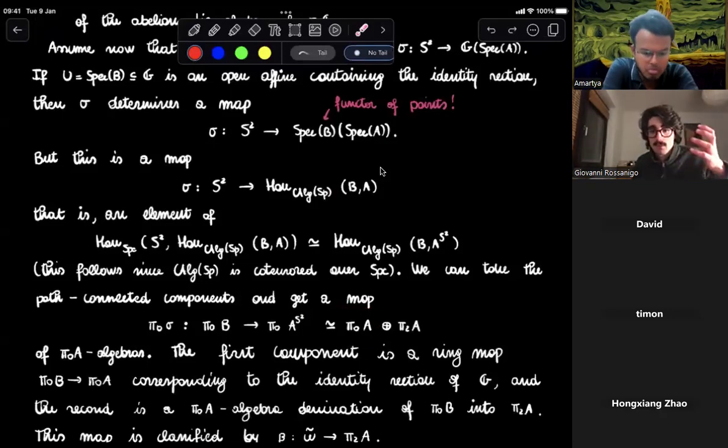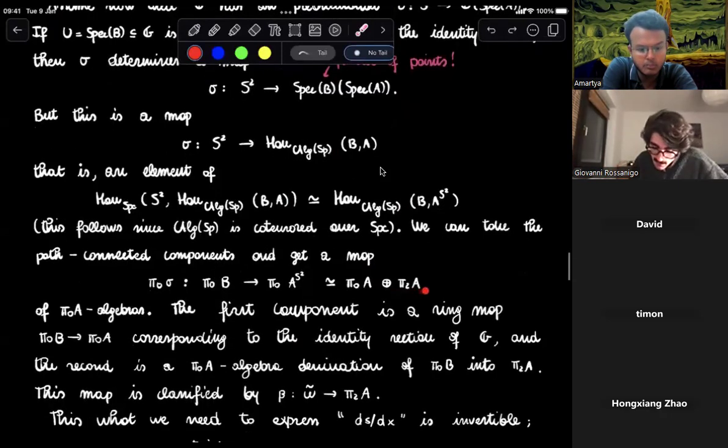And this map of commutative rings corresponds to the identity section of the group scheme G. And when we project to the second component, we construct a pi naught A algebra derivation of pi naught B into pi 2 A. And this is exactly the map we are looking for.